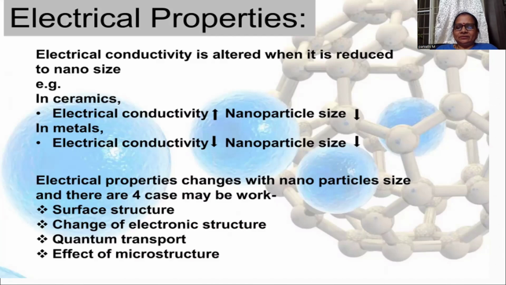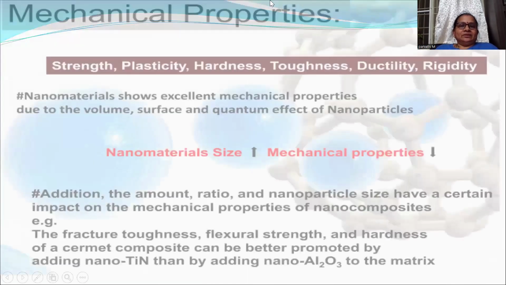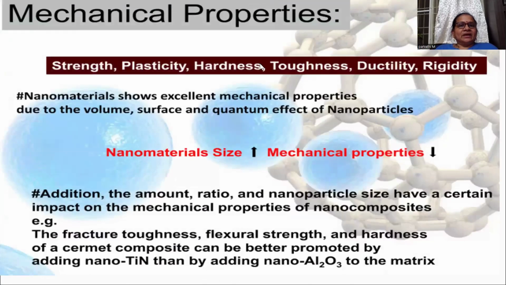Now coming to the other slide, that is mechanical properties, in which we have to concentrate on strength, plasticity, hardness, toughness, ductility, and rigidity. Electrical properties are related to conductivity, whereas mechanical properties are strength, plasticity, hardness, toughness.